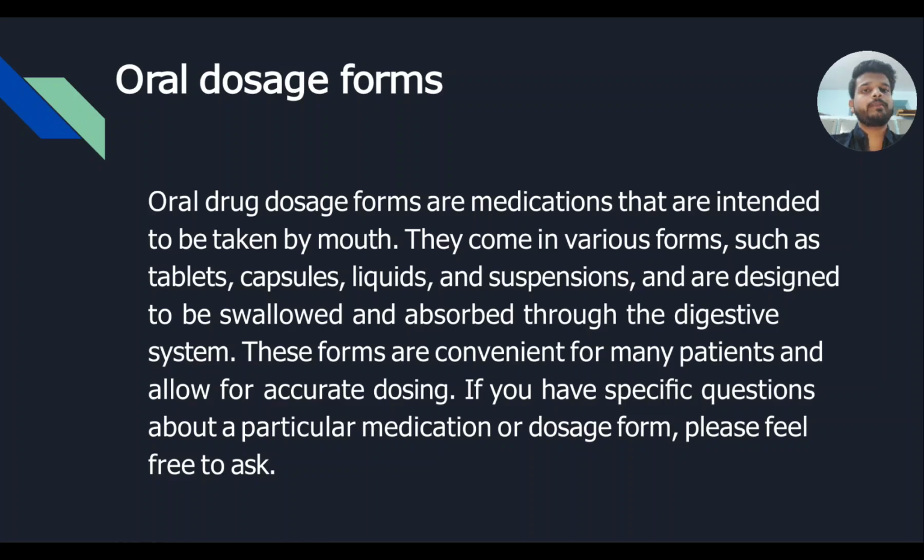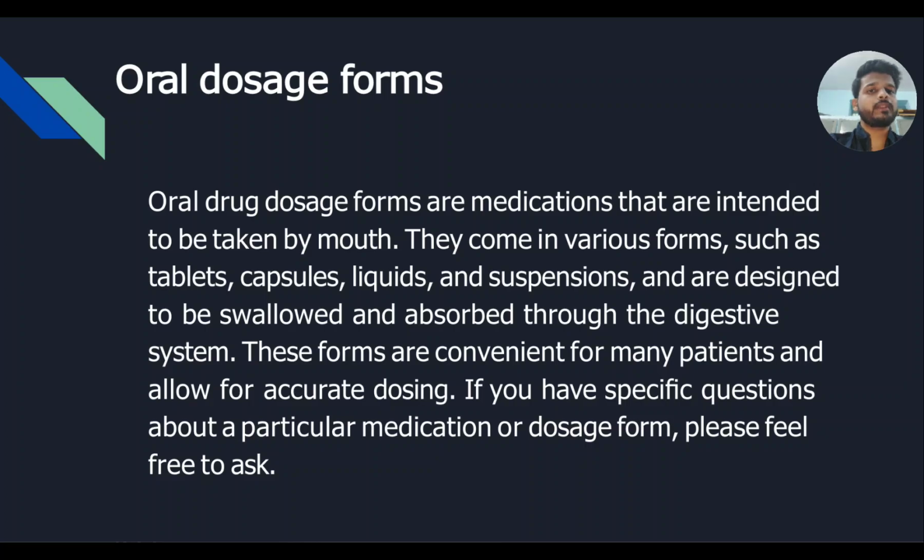Our today's main topic is the oral dosage forms. Oral drug dosage forms are medications that are intended to be taken by mouth. Simply, oral means mouth, and the medications or drugs that we take by mouth, through the oral route, are known as oral dosage forms.